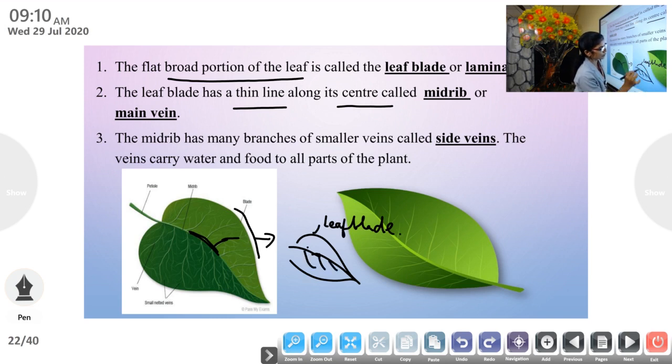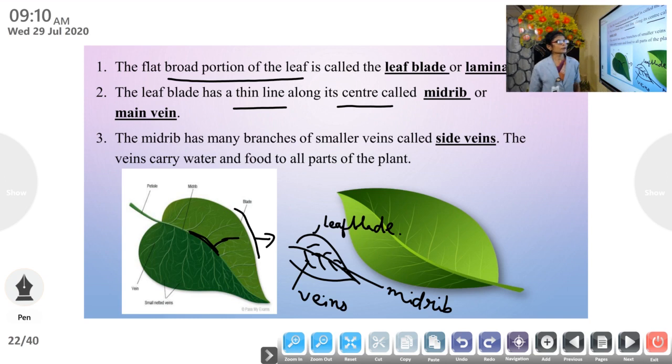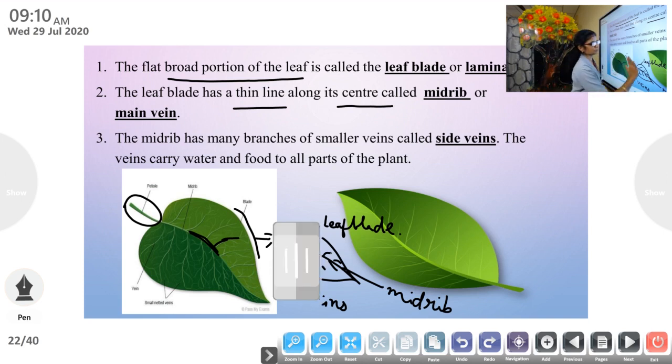This is the midrib, and these are the veins. Then we can see this part is petiole.